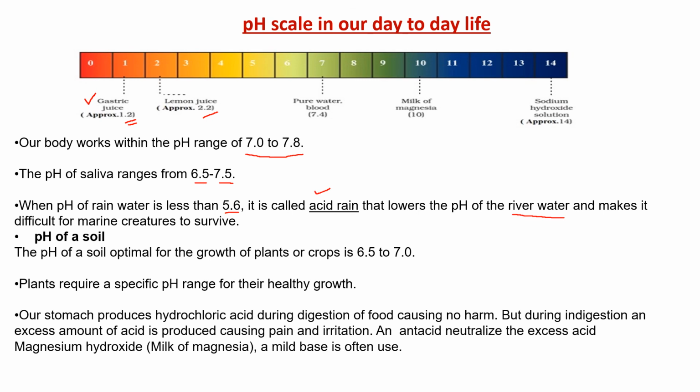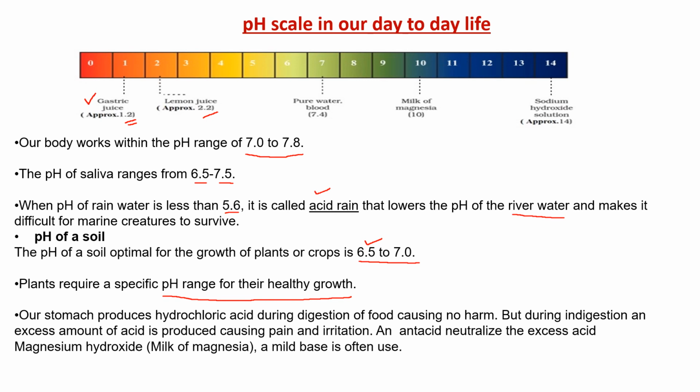The pH of soil optimal for the growth of plant crops is 6.5 to 7.0. That means we don't want acidic soil, right? We want basic soil, which is very important for the growth of plants. Plants require a specific pH range for healthy growth.